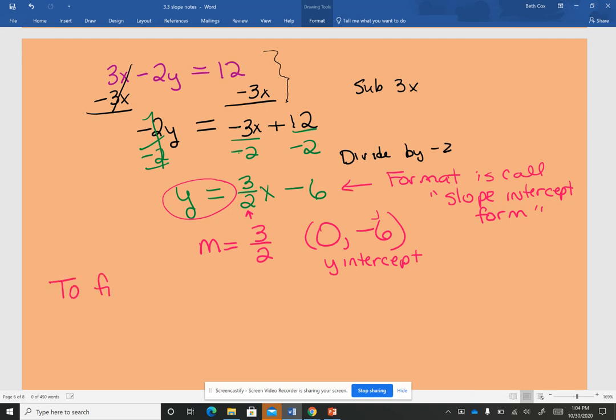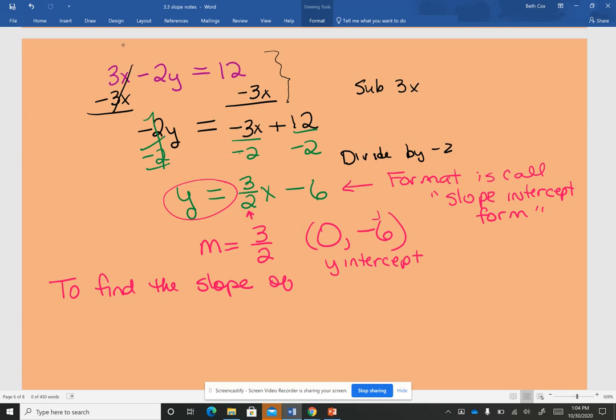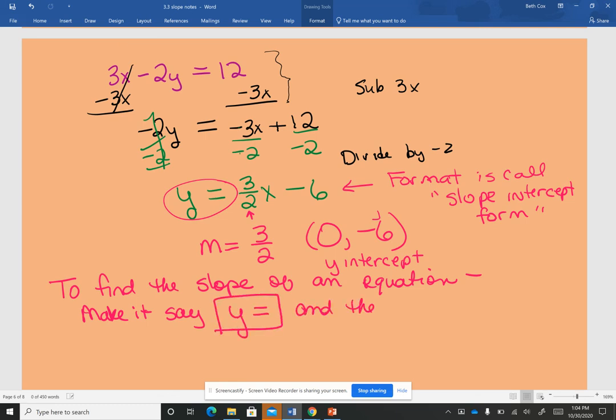Okay? To find the slope of an equation inside the equation, make it say y equals using your algebra, and then the coefficient of x is your slope.